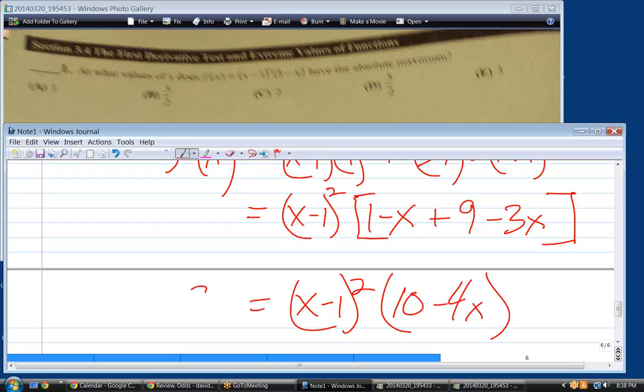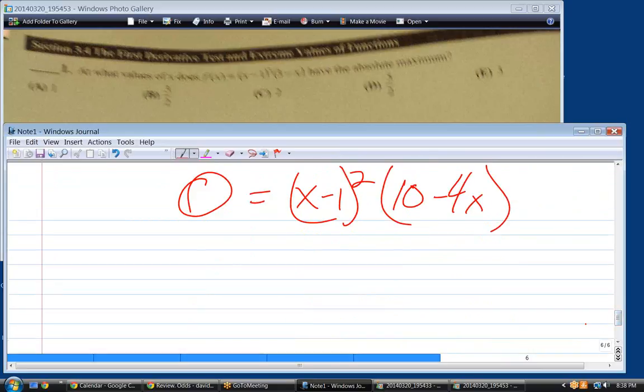So that we have to set to 0, because the maximum is going to be where the tangent is 0. So now if we solve this, x can be 1, that makes that 0, or x can be 10/4, or 5/2.